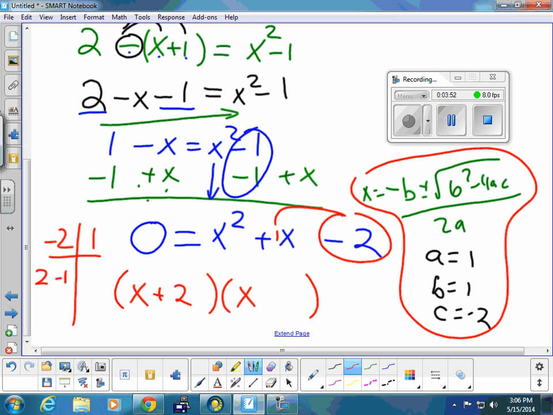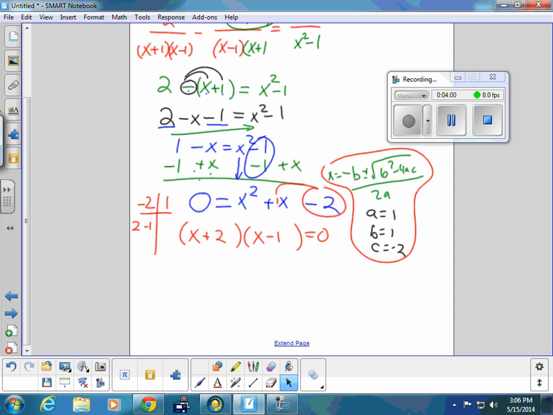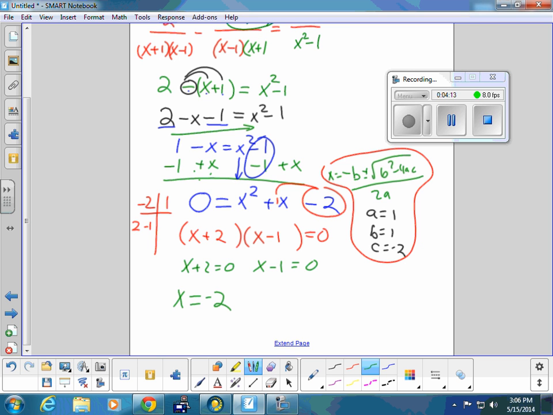So that's plus 2 minus 1 inside our parentheses. Okay, now, but our answer is going to be the opposite of these. So this is x plus 2 equals 0, or x minus 1 equals 0. So this would be x equals negative 2, or x equals 1.